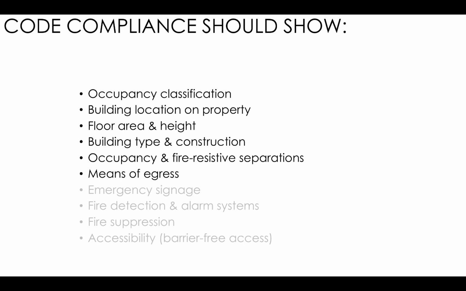Anyway, the building type and construction, and again, these are things you cannot change as the interior designer, interior architect. And then if there are any major elements that need to be fire resistant or separations, like a fire separation wall, that's one of those big things. In our project, we don't have to worry about that.